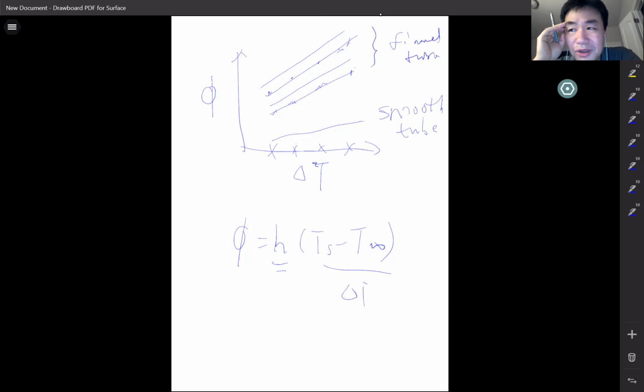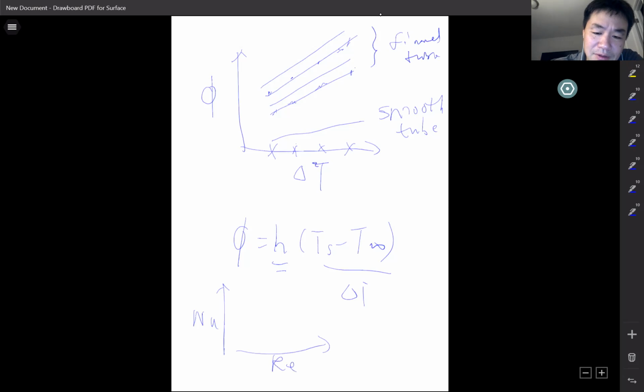You have 2 correlations to compare, right? You remember Nusselt number last time is Nusselt number versus Reynolds number. Reynolds number is from the flow rate, from the wind speed. So for the wind speed in this new lab, you can calculate a Reynolds number. So for the smooth tube, it's Nusselt number versus Reynolds number.